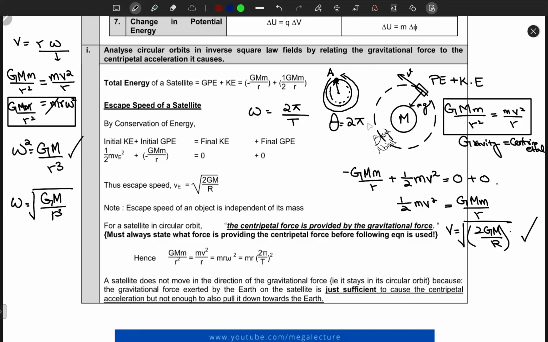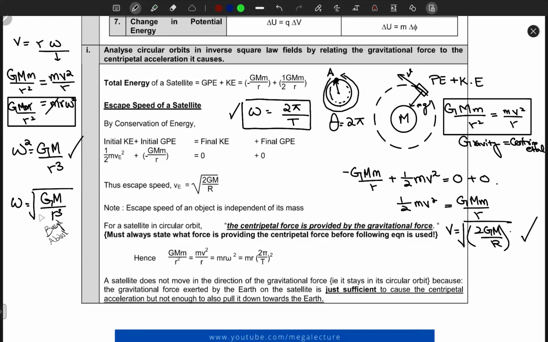And we divide this by the time period, which is the time it takes to complete one revolution. So that is your omega as well. That's another expression we have for omega, but this one is a general expression for a circle. You can use this expression for omega and relate it to the other one to find the time period as well.